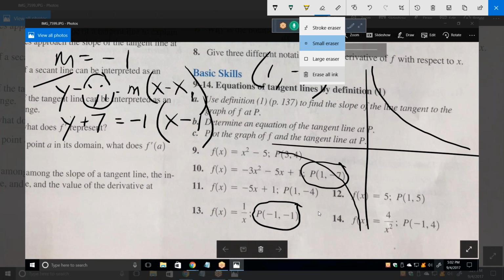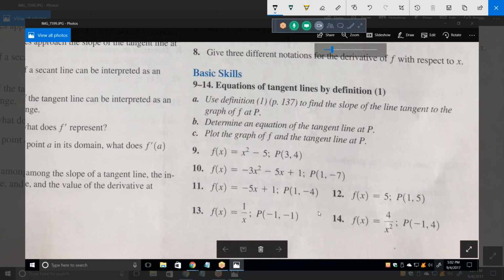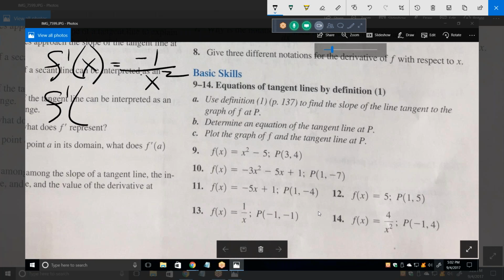Let me start at the top here. F prime of x equals -1 over x squared. That's the derivative function. And our point is at -1 comma -1. So it's still -1.